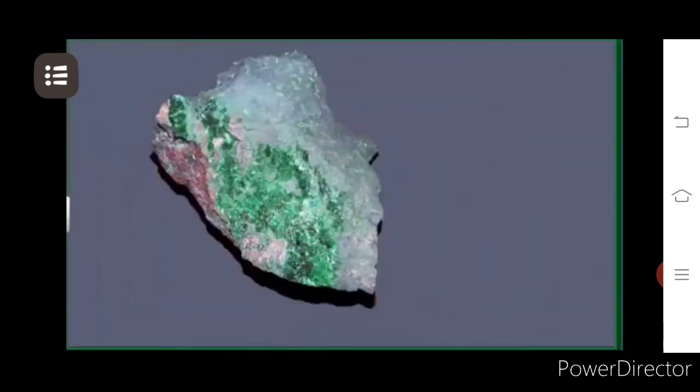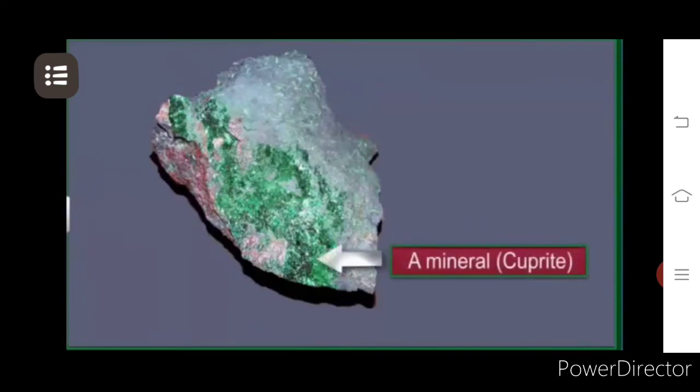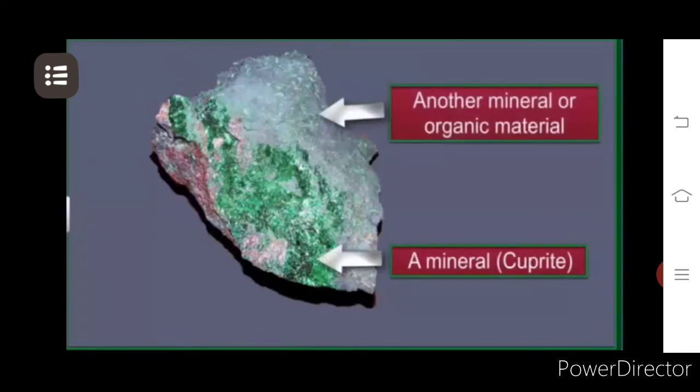Remember that rocks themselves are not minerals. Rocks contain minerals mixed with organic material. Here is a rock that contains the greenish mineral called cuprite, which is used to extract copper.